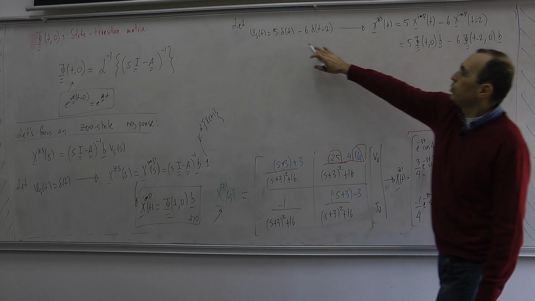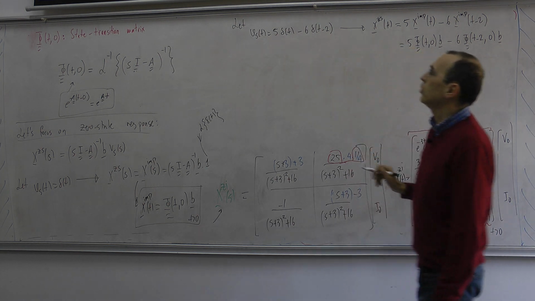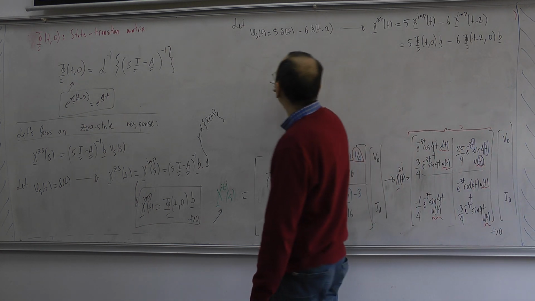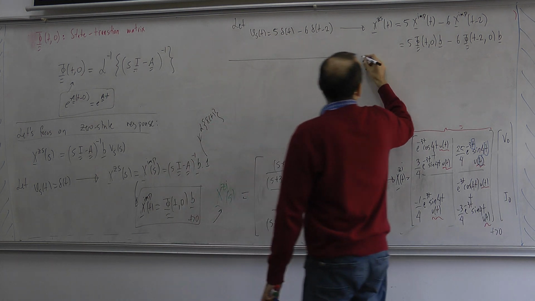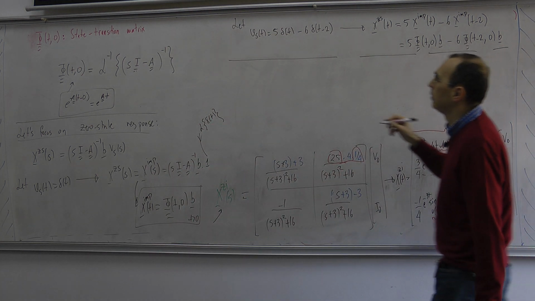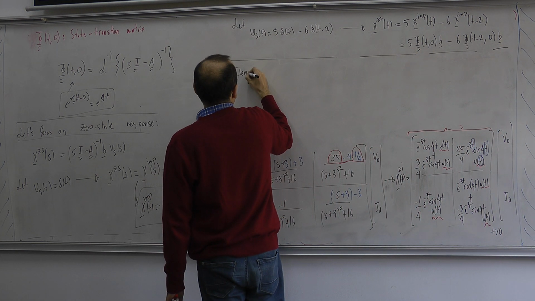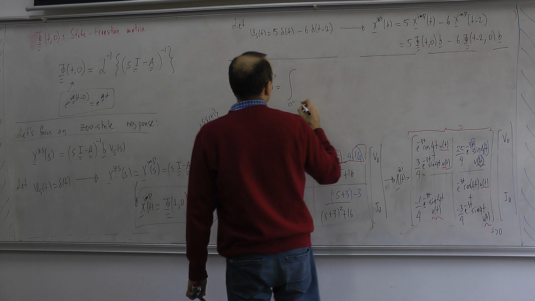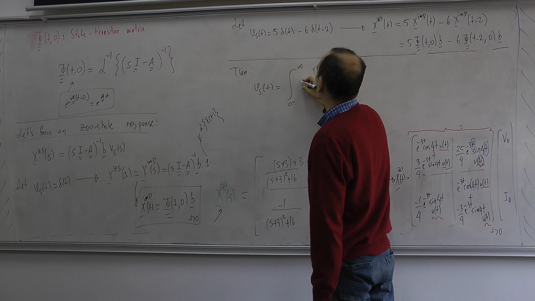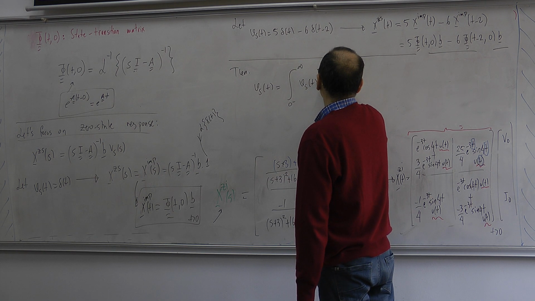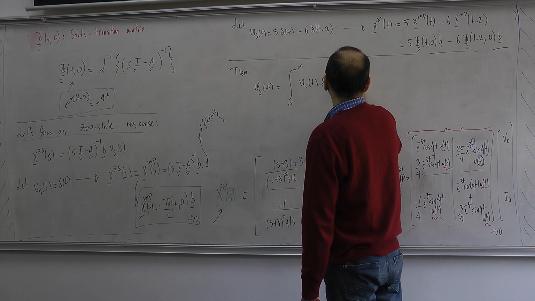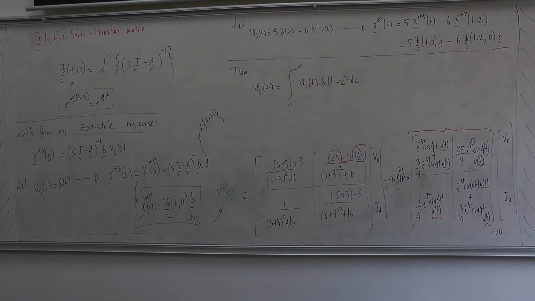So I can write the solution for, let's say, superposition of impulses. So how can I write this in more general form? Now I can maybe generalize this idea. Then, how about this? Vs of t. Let's assume that I have many impulses then. So what is this?